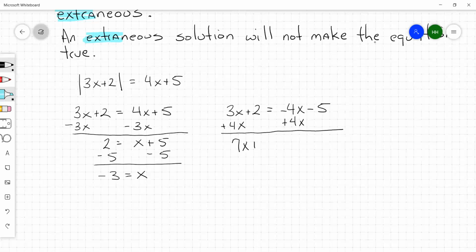So 7x plus 2 equals negative 5. Subtract 2. 7x would equal negative 7. And then you got to divide both sides by 7. So x is equal to negative 1.